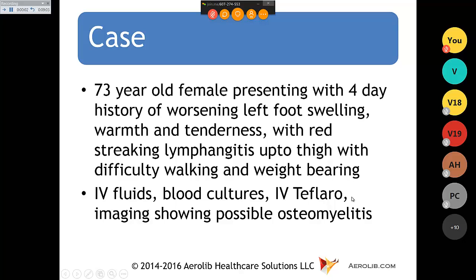So we'll start off with a case first. The idea of this case is just to stimulate your thought, and we'll answer this towards the end. A 73-year-old female presents with a 4-day history of worsening left foot swelling, warmth, and tenderness. There's red streaking lymphangitis up to the thigh, with difficulty walking and weight bearing. The treatment provided is IV fluids, blood cultures, and IV Teflaro, with imaging showing possible osteomyelitis.